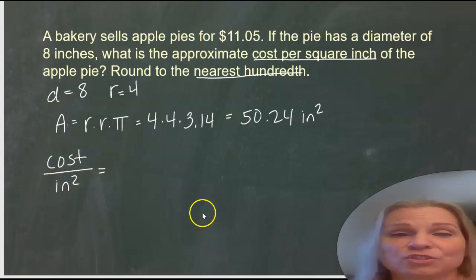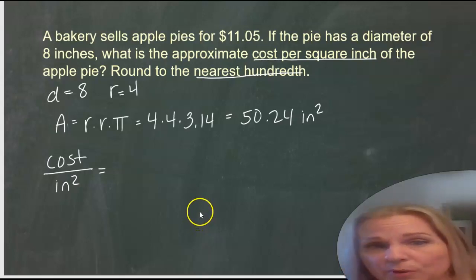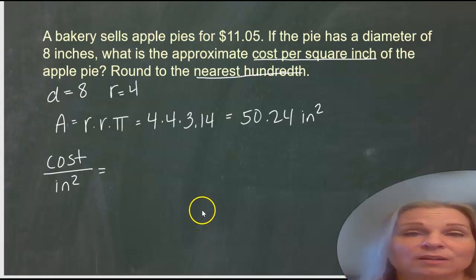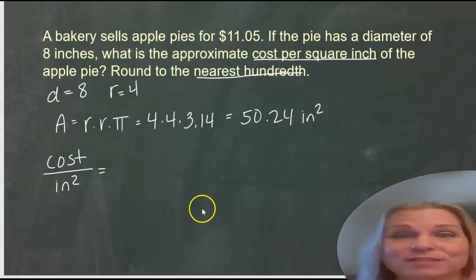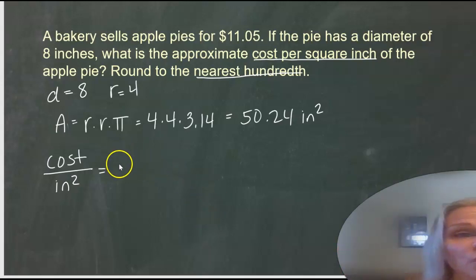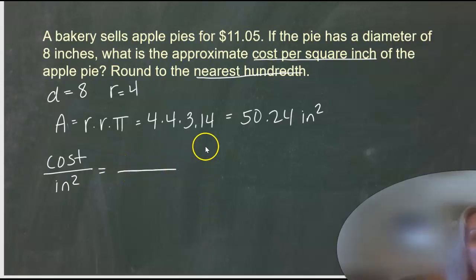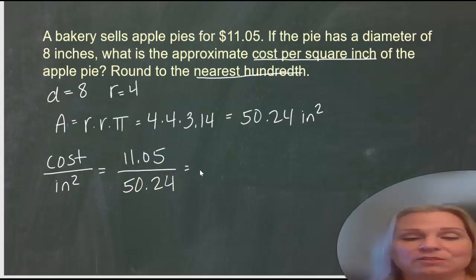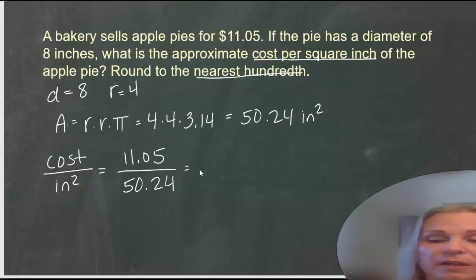Right there, just setting it up, cost per square inch means that we have to do cost divided by square inches. So that means that 11.05 is going to go on top of my fraction because that's my cost. My area is going to go on the bottom, and then I'm going to divide. 11.05 divided by 50.24.